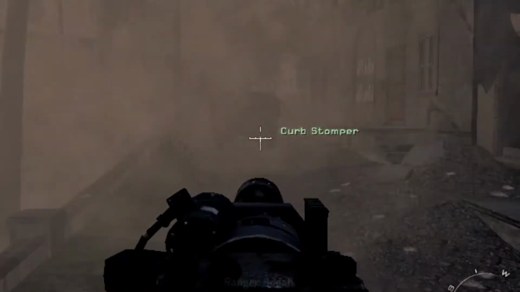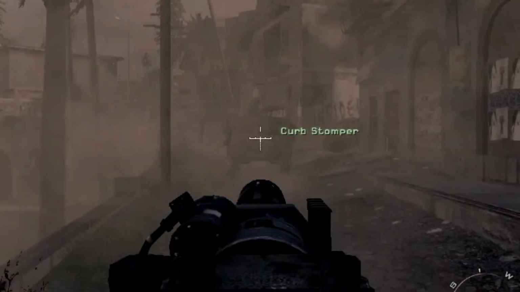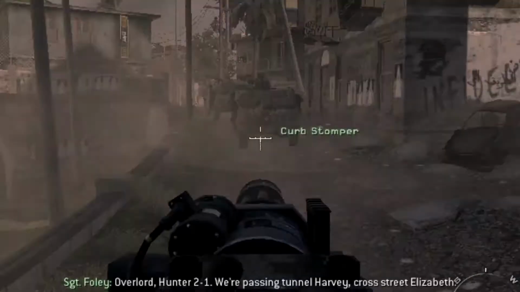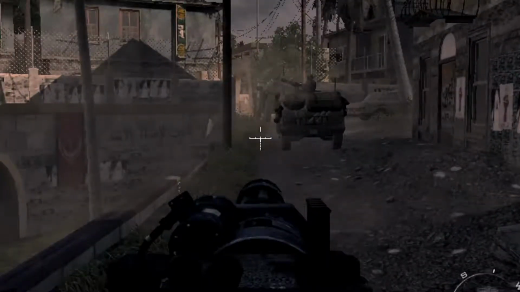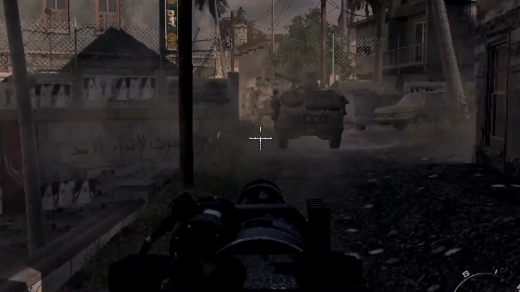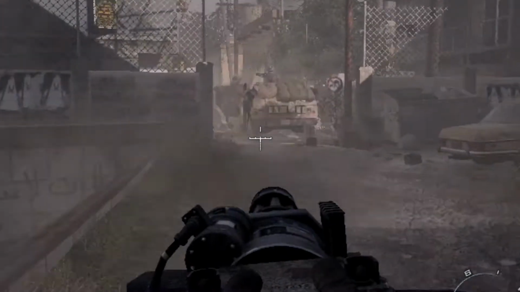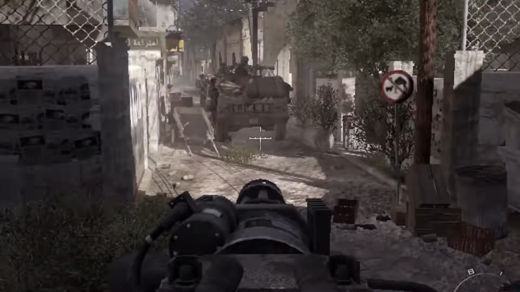Overlord, Hunter 2-1. We're passing Tunnel Harvey. Cross Street Elizabeth. Roger that, Hunter 2-1. Proceed with caution. Stay frosty, guys. It's the Wild West.